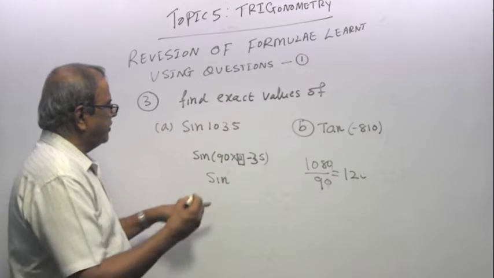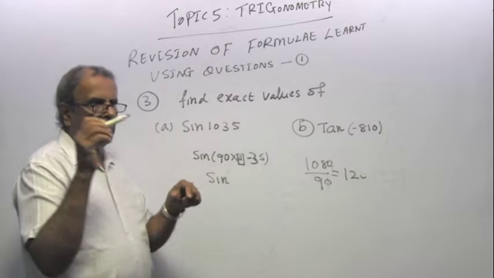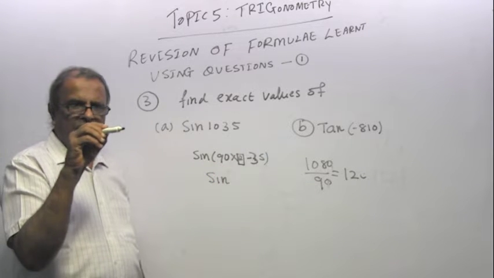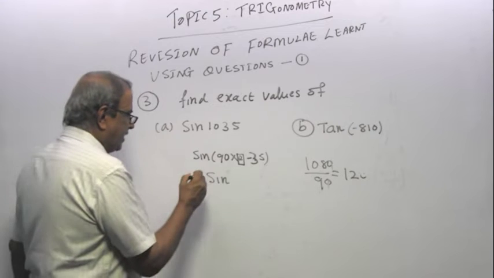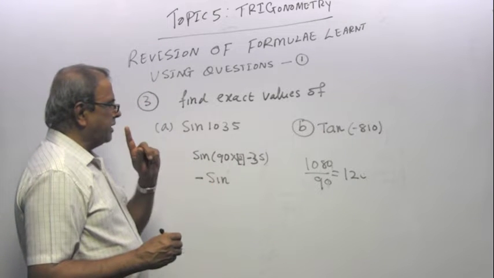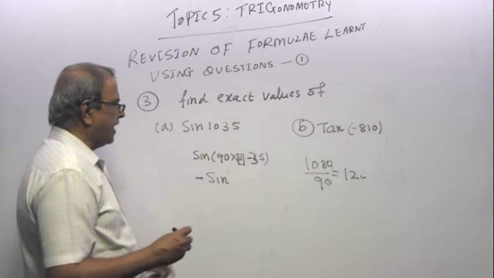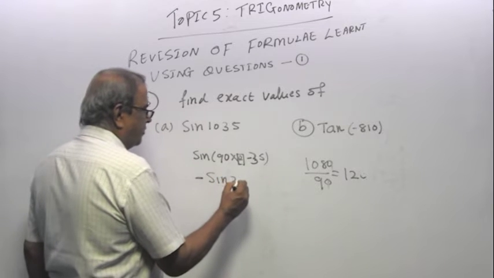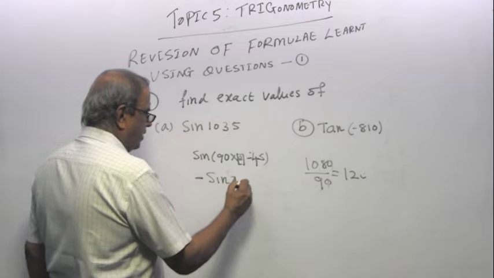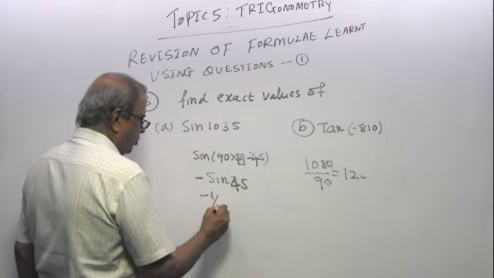Anyway, it is 90 times 4, 90 times 8, 90 times 12 minus. So you are in the fourth quadrant. In the fourth quadrant, it is minus. It's an even multiple of 90. So remains sine and the angle is 45. Which is minus 1 over root 2.